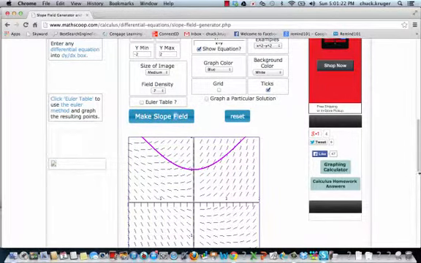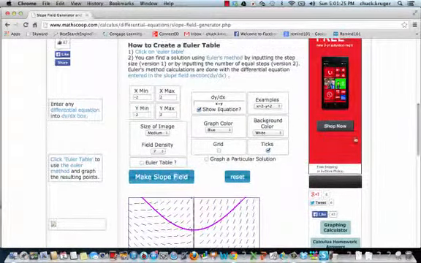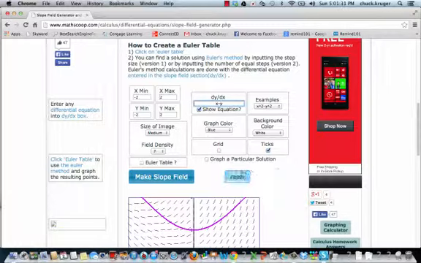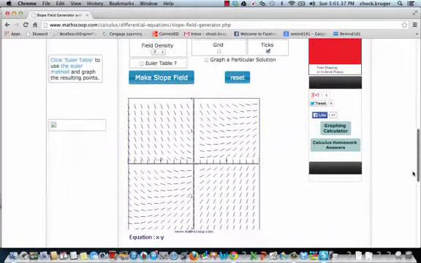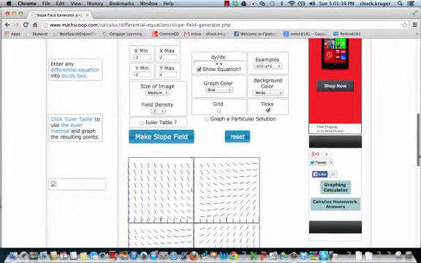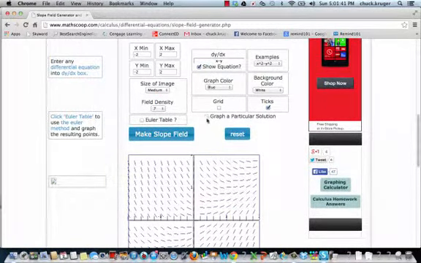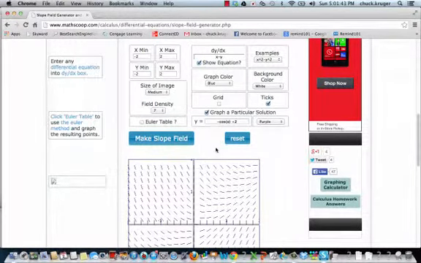Okay, let's put y minus 1 in here. See what it looks like. Right, here's that one. This is what I had. Let's graph a particular solution.